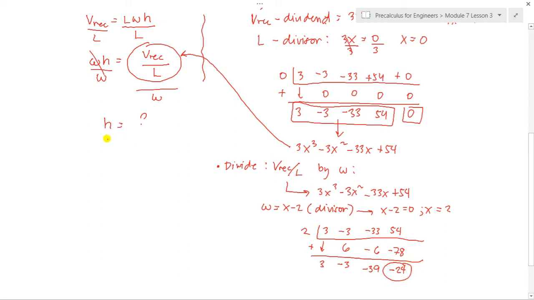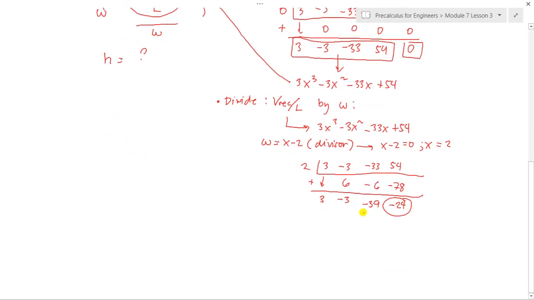Converting this into an expression, since our dividend is cubic, the answer is squared: 3x squared minus 3x minus 39 plus the remainder of negative 24 over the divisor x minus 2.